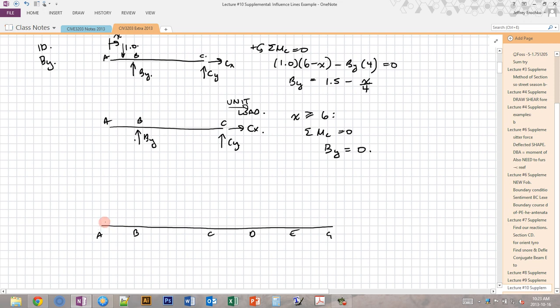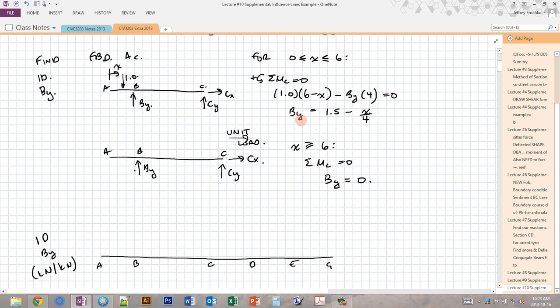So at x equals 0, this is the influence diagram of BY, kilonewtons per kilonewton. At x equals 0, we're in this situation, so that means BY is positive 1.5. And then at x equals 6, we go 6 over 4, which is 1.5, so 1.5 minus 1.5 is 0. And then we can draw a straight line between these two.